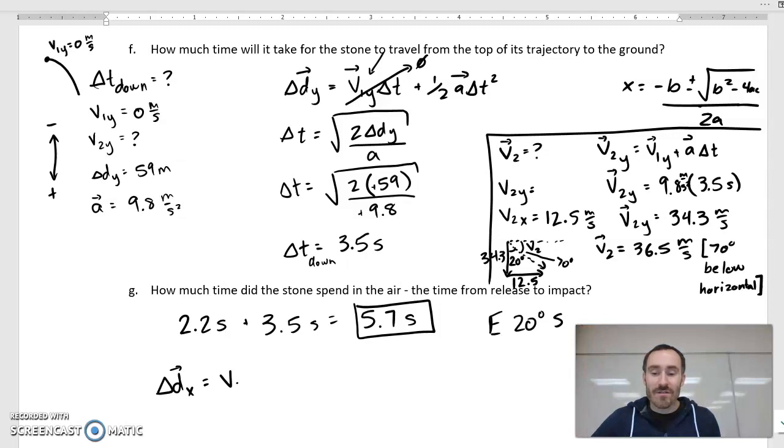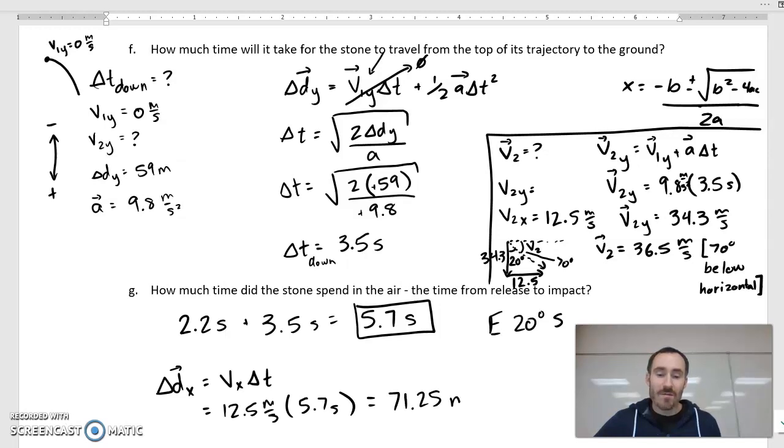And that is equal to Vx times the total change in time. And so our Vx was 12.5 meters per second, and our total change in time was 5.7 seconds. And so altogether that gives us 71.25 meters horizontally. And that's the last thing that you could be asked.